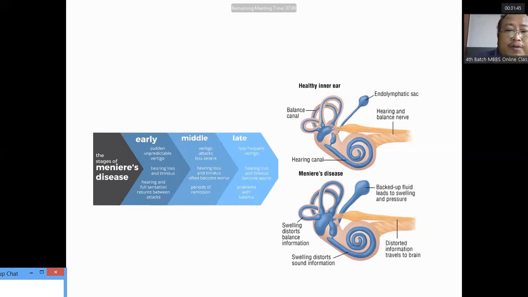Due to the repeated attacks, the patients may come to the hospital or the doctor for management. But actually, exact management is not in our hands, and only symptomatic treatment has been there for the last decades.